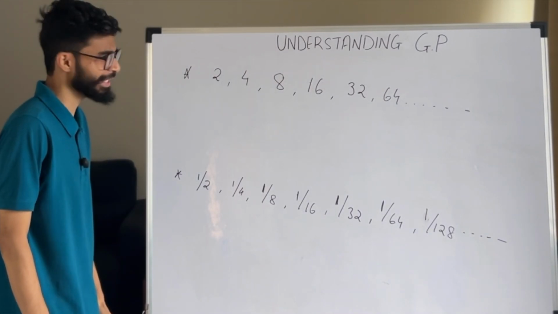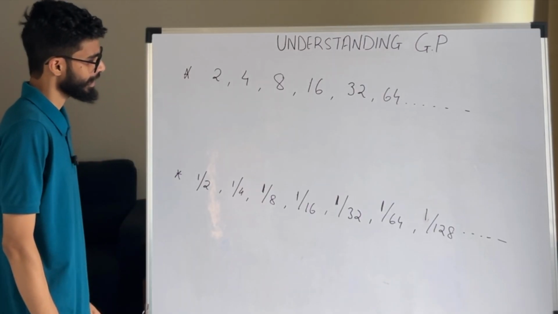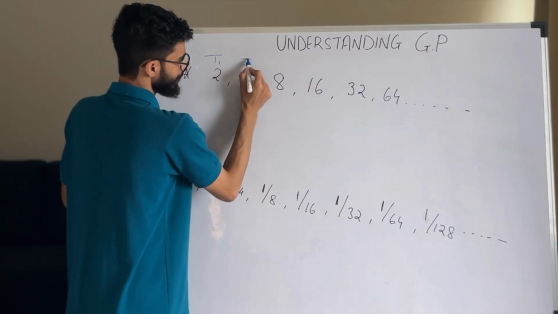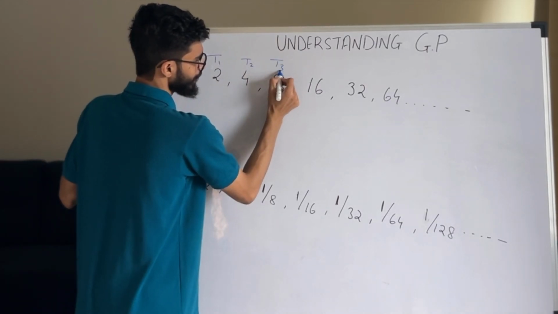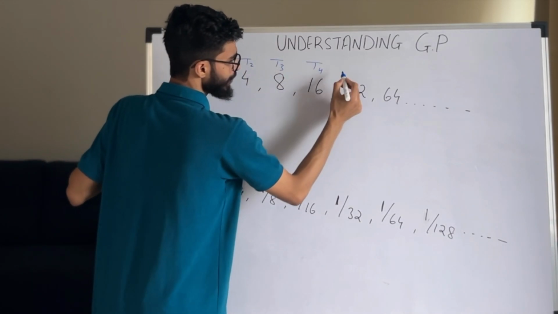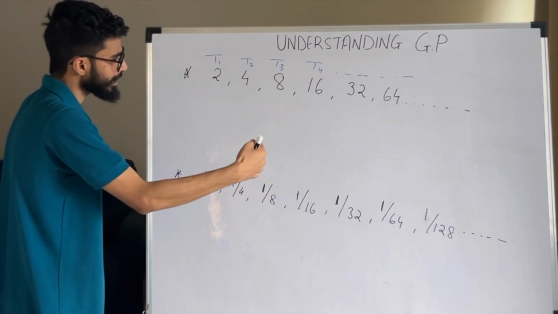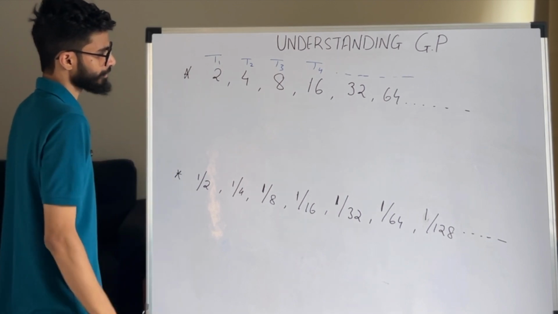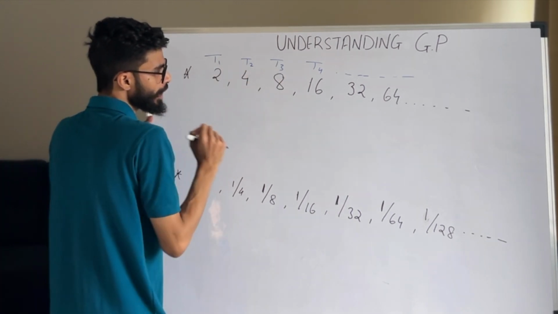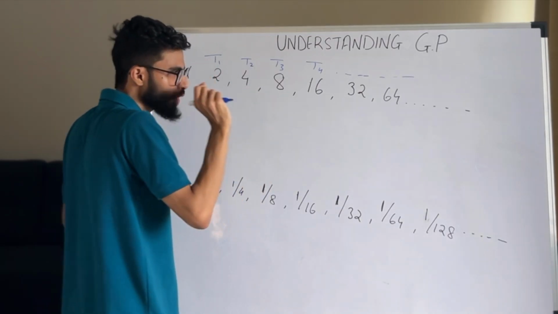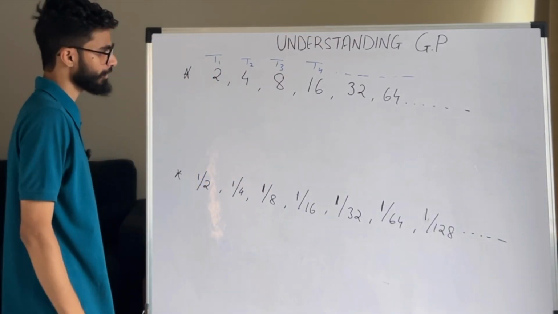Now, in understanding GP, let's look at this series. This is my T1, this is my T2, this is my T3, this is my T4, and so on. In AP, T2 minus T1, T3 minus T2, T4 minus T3 were coming as same, what we call the common difference of AP.